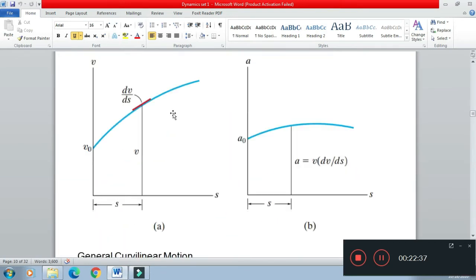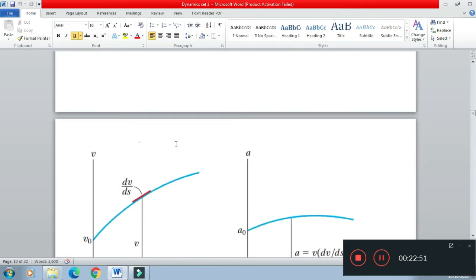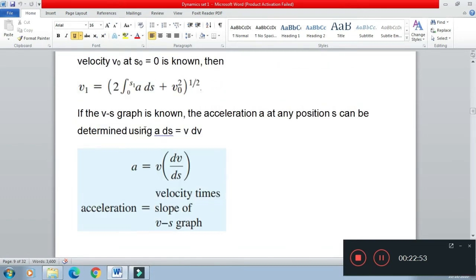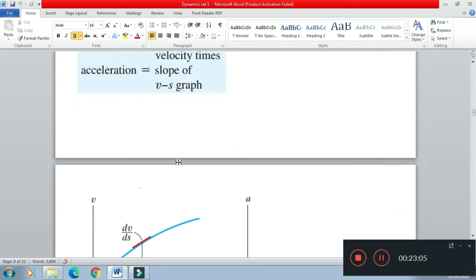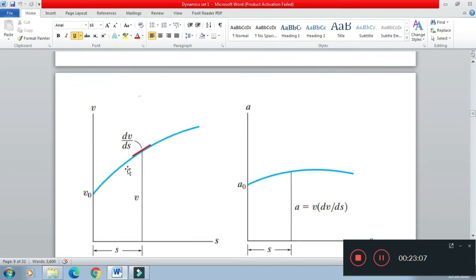Now the opposite case is that when the velocity and position curve is given and we are interested in knowing the acceleration or plotting the acceleration position curve. Again using the same relation, a ds is equal to v dv, acceleration is v multiplied by dv over ds. So if we see the curve at a particular location, we find dv over ds.